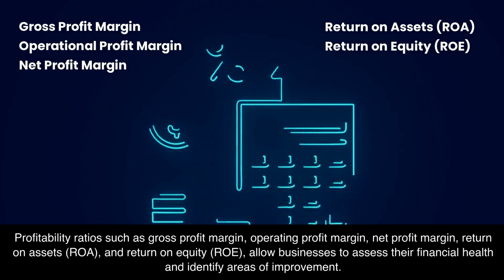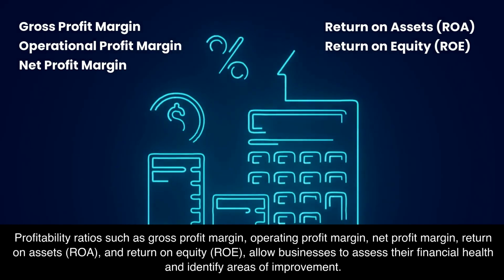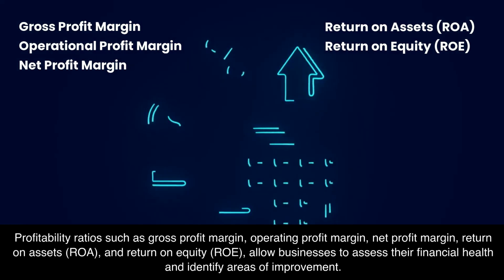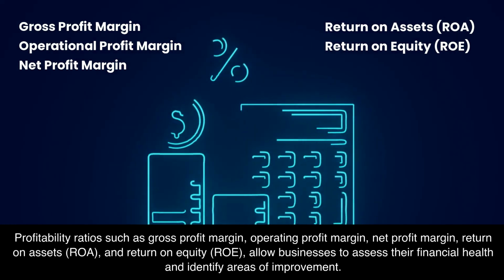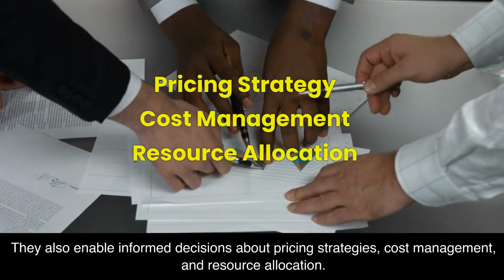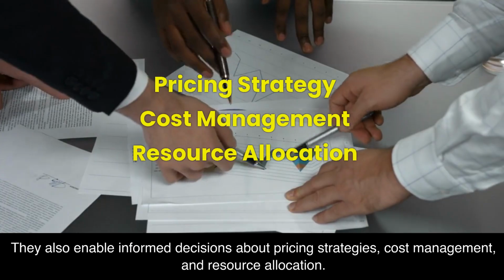Profitability ratios such as gross profit margin, operating profit margin, net profit margin, return on assets, ROA, and return on equity, ROE, allow businesses to assess their financial health and identify areas of improvement. They also enable informed decisions about pricing strategies, cost management, and resource allocation.